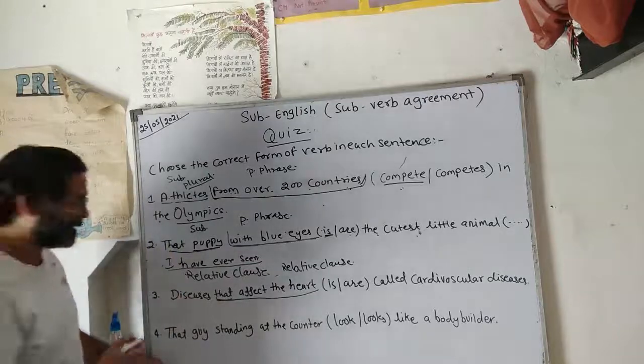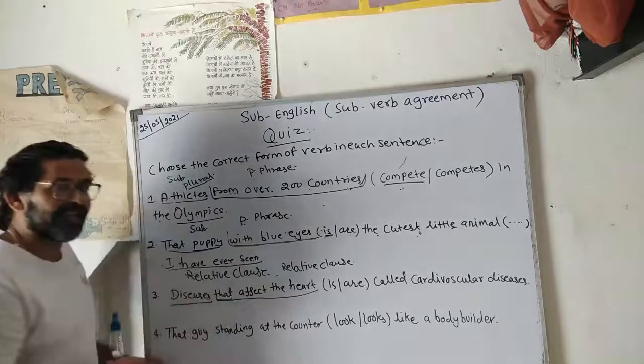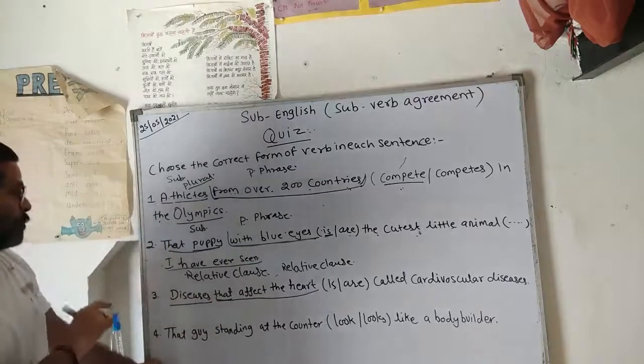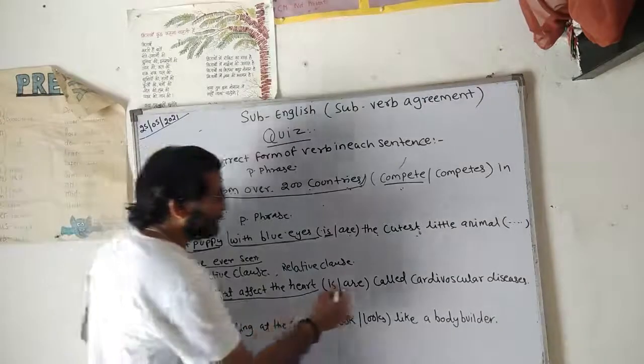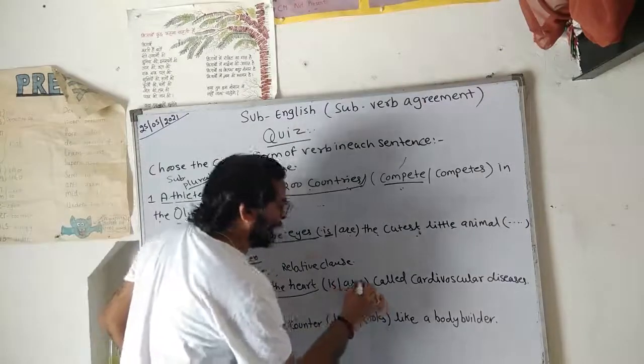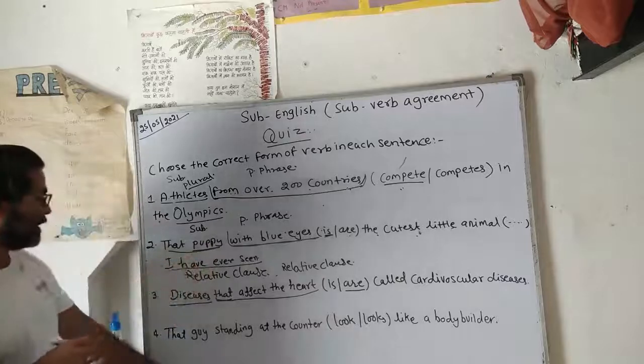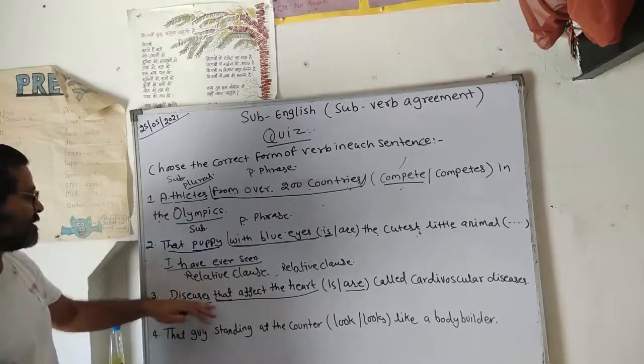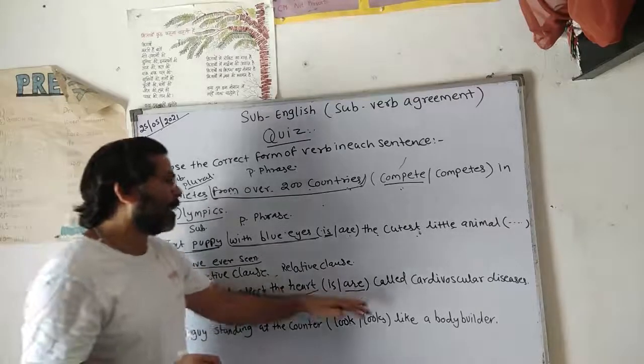So what is the subject? Diseases is the subject, and it's a plural subject. So what is the correct verb? Are is the correct verb in this sentence. So the complete sentence is: diseases that affect the heart are called cardiovascular diseases.